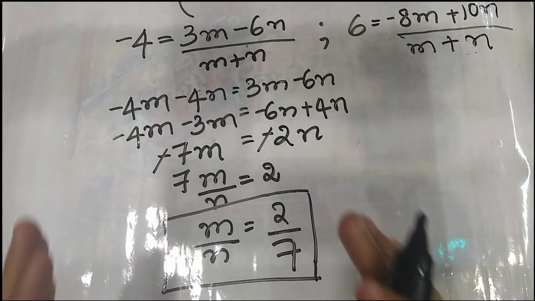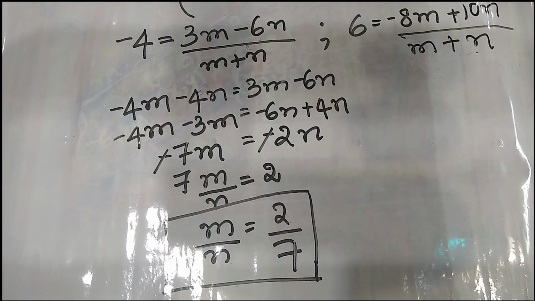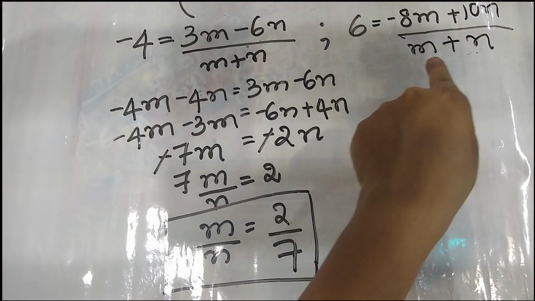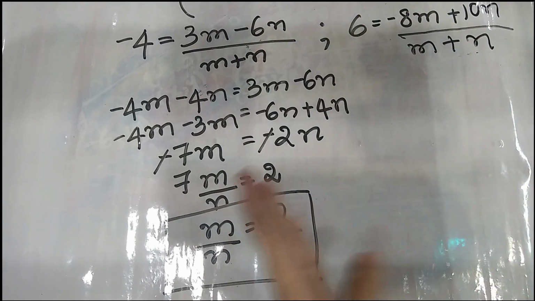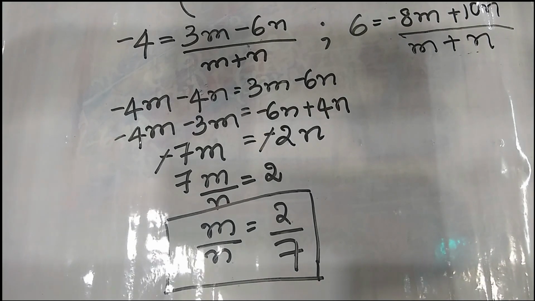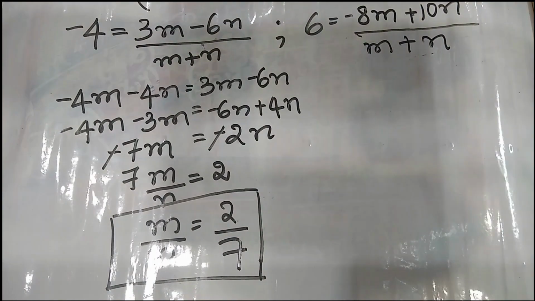Alright. Even though we have got the ratio, we cannot confirm that it is the right ratio until we find this same ratio for the y coordinate side. Okay, it should be the same. If it is the same even for the y coordinate, then your answer is completely right. So let us do that. Now that we have got 2 by 7, we have to get 2 by 7 here as well.